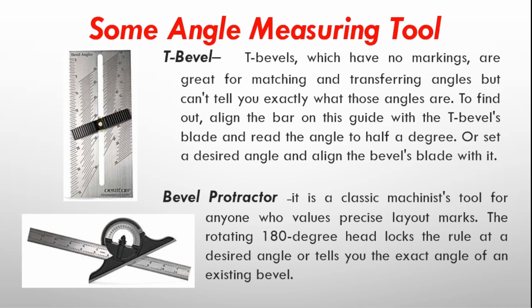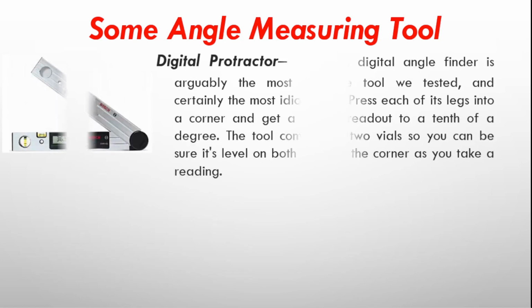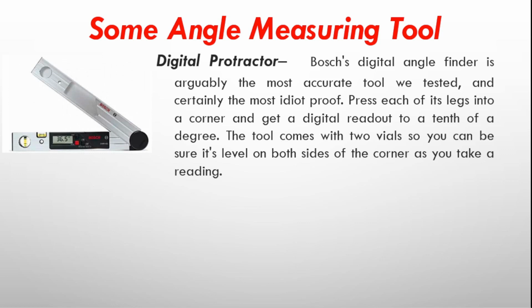Next we have the bevel protractor. It is a classic mechanic's tool for anyone who values precise layout marks. The rotating 180-degree head locks the rule at a desired angle or tells you the exact angle of an existing bevel.